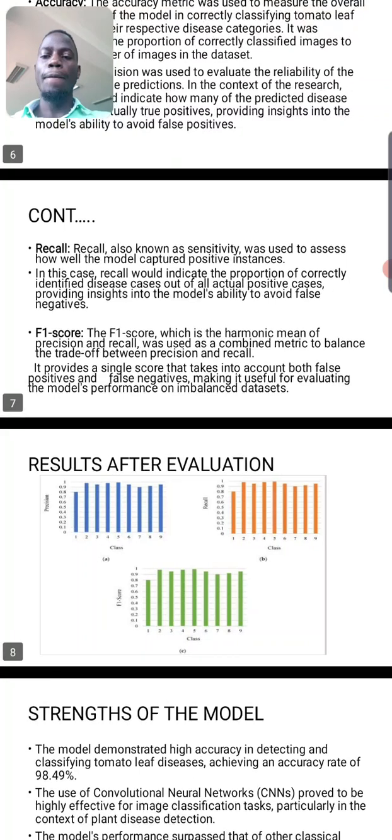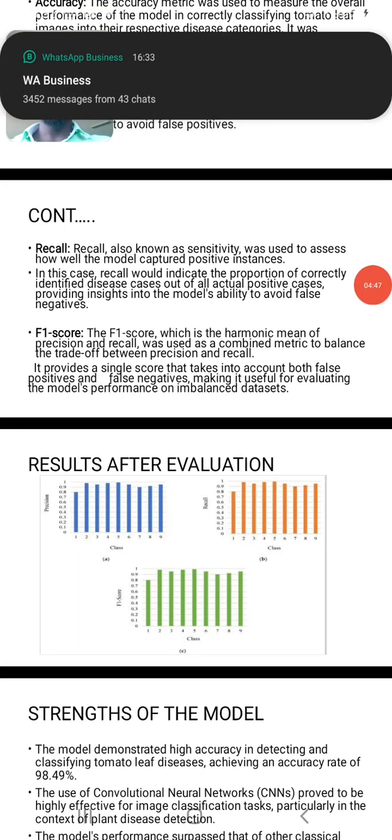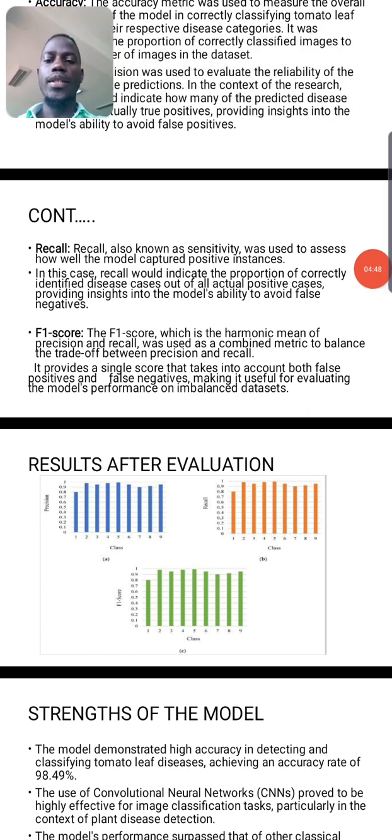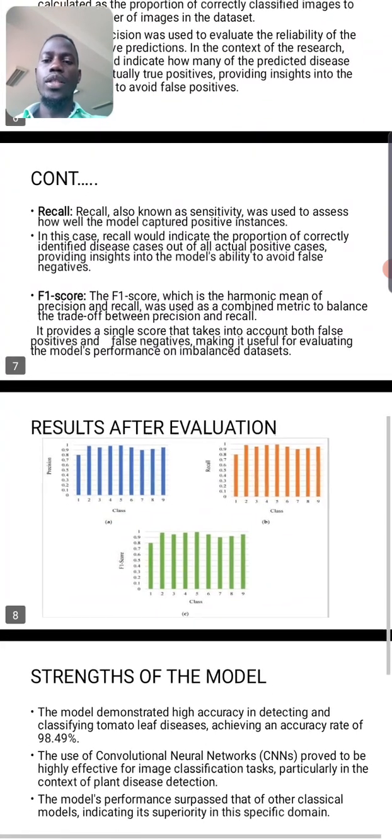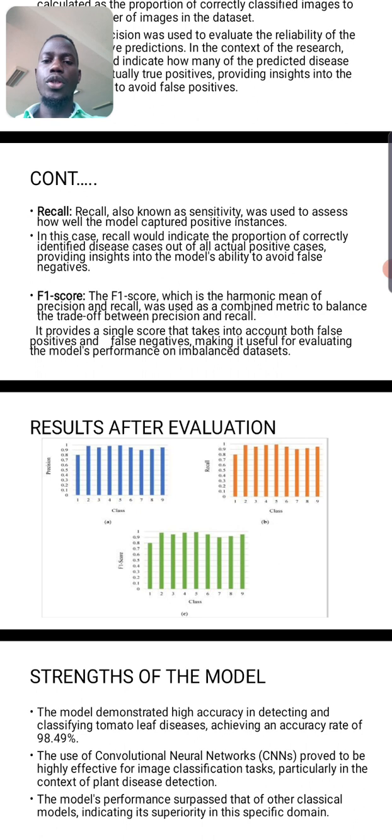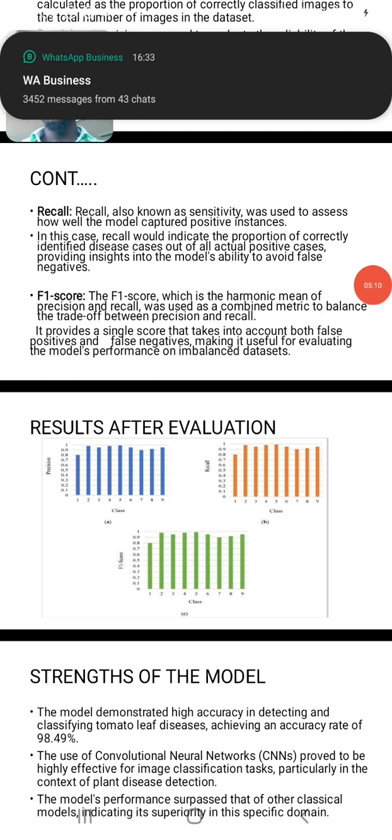And then recall, which is also known as sensitivity, was used to assess how well the model captured positive instances. In this case, recall would indicate the proportion of correctly identified disease cases out of all the actual positive cases, which provided insights into the model's ability to avoid false negatives.